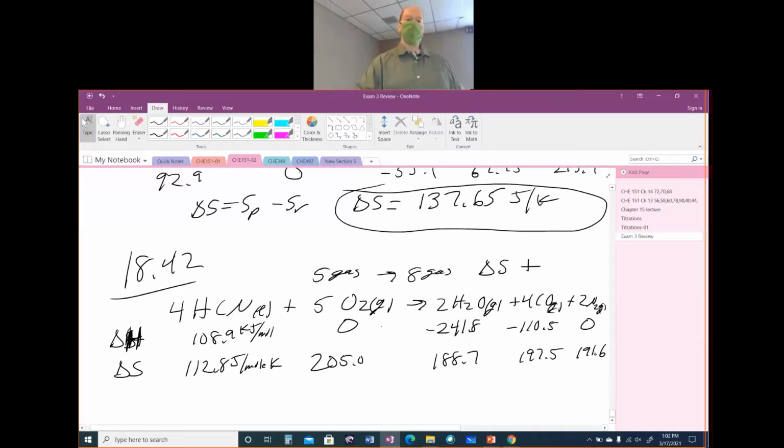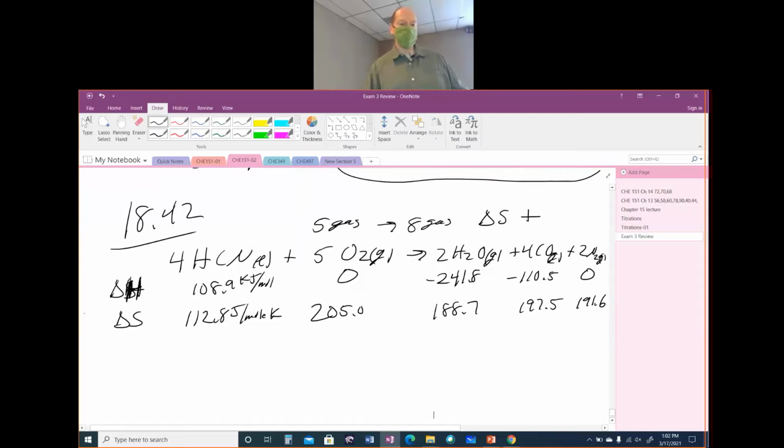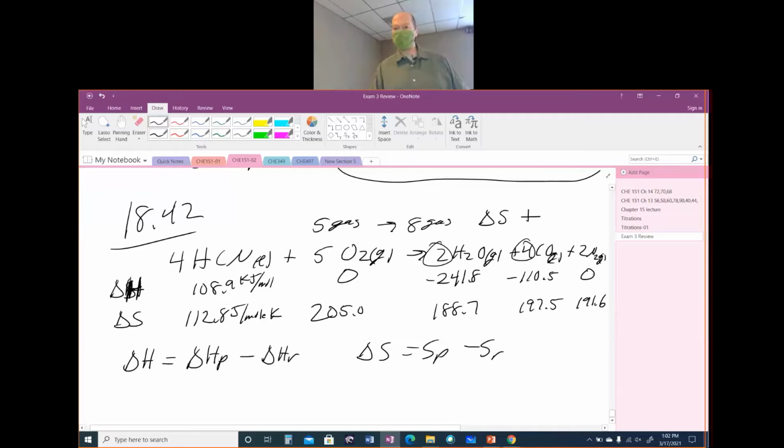All right, and so to define the delta H of any reaction, we take the delta H of the products, add those up, minus delta H reactants. To define our delta S, we take our S of our products, subtract our S reactants. All right, so again, do not forget your coefficients. 2 times this, 4 times that, 2 times 0. There's your products minus reactants, 4 times your 108.9, 5 times 0, you can ignore that.